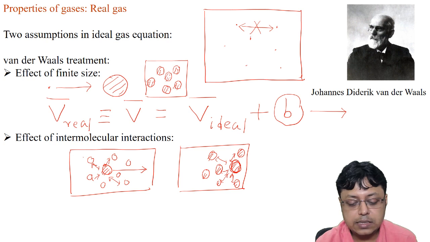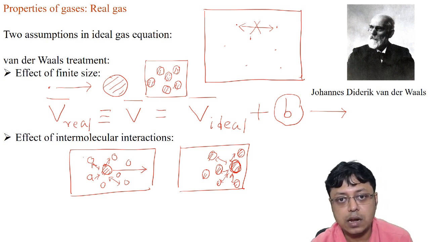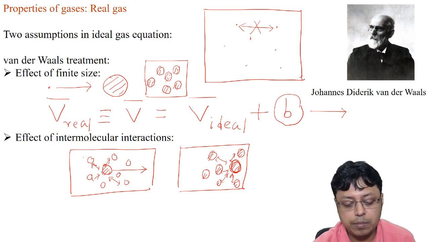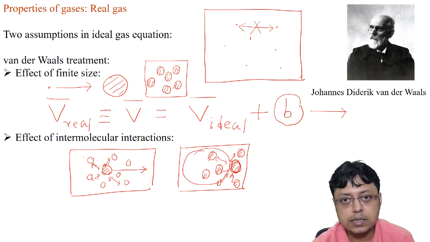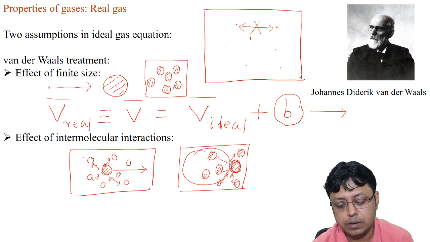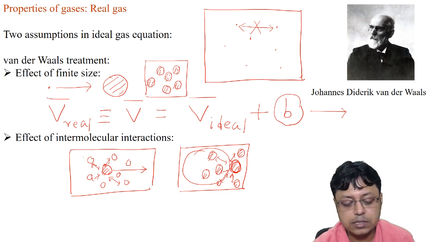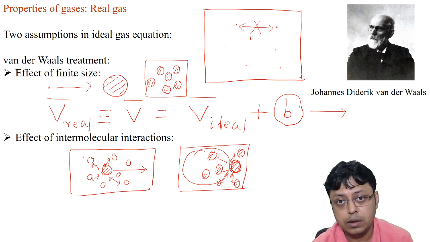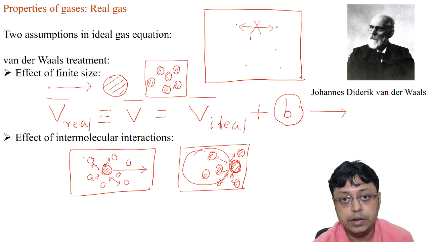Since the number of molecules near the surface is less than the number of molecules in the bulk, there will be a difference in attraction. The attraction will be more from the molecules in the bulk because they are large in number. So the speed of this molecule will be slowed down, and as a result, the molecule will strike the wall with less force, or the pressure will be reduced.